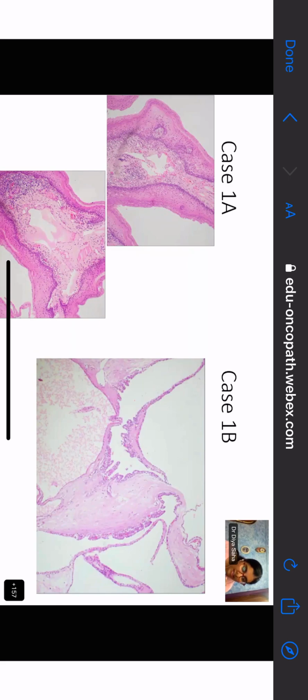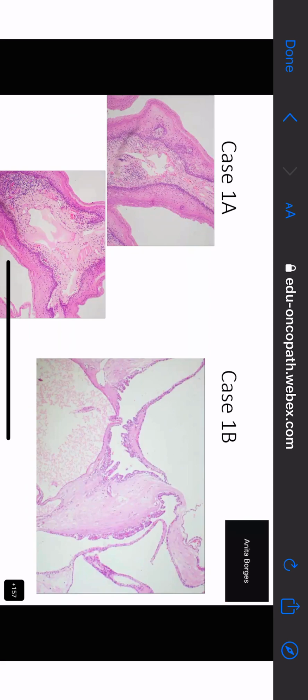This is a cystically dilated space with an irregular outline, associated with chronic mononuclear inflammatory cell infiltrate in the stroma. Whenever you see a space, what are the things that we need to describe about that space? Ma'am, first of all, whether it is lined by anything, whether there is any cell lining, and the contents of the cyst.